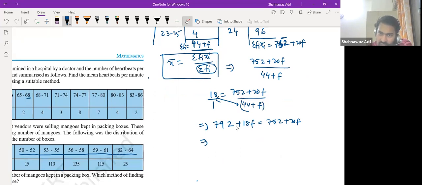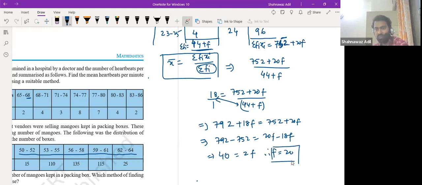So now 792 comes in the left hand side and this 18F goes in the right hand side. So this is 40 and this is 2F. So F is 20. So this is the missing frequency. Is this clear, Rifa?